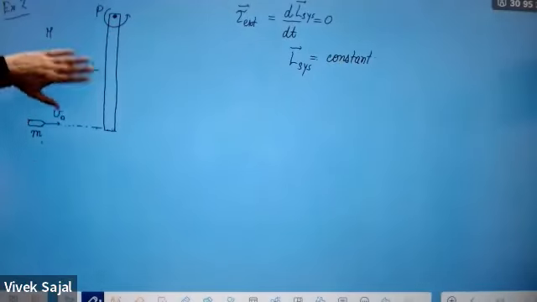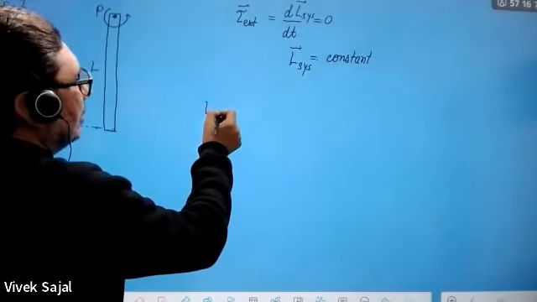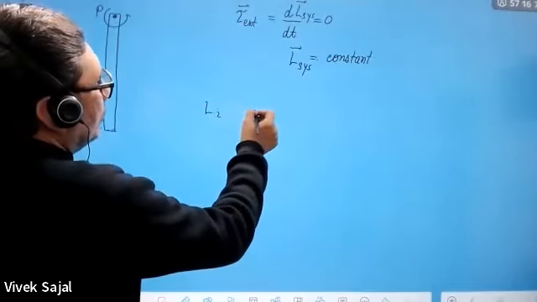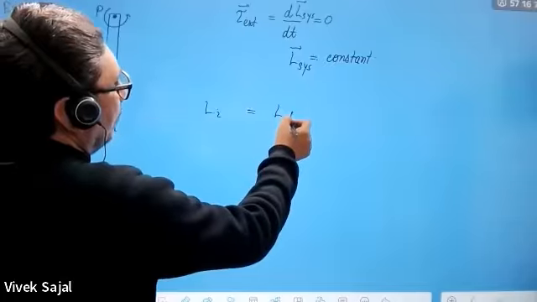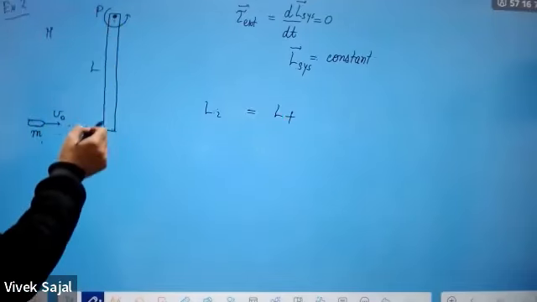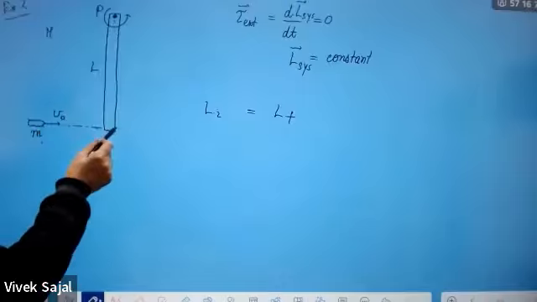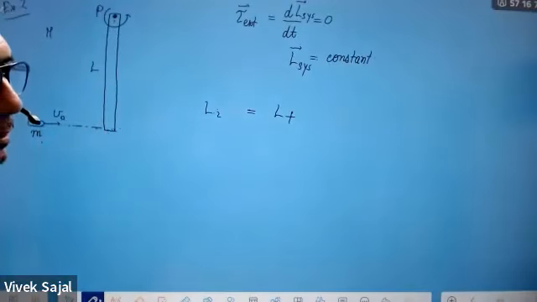So what will be the initial angular momentum, Li? This will be equal to Lf. What is Li? Initially, it was at rest. Only the bullet was moving, so it is going to have momentum m v naught.